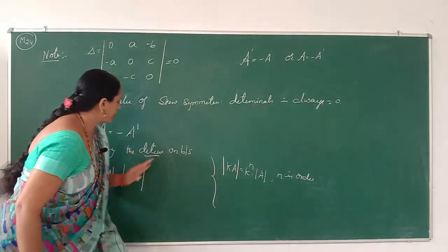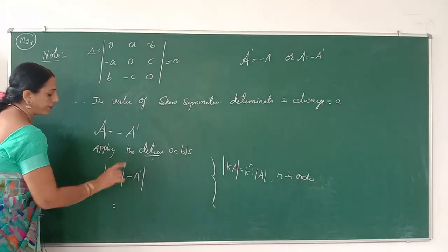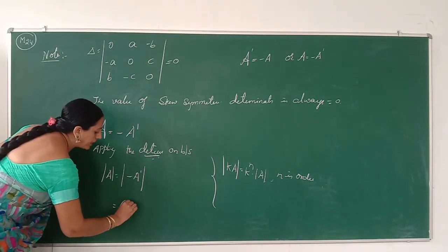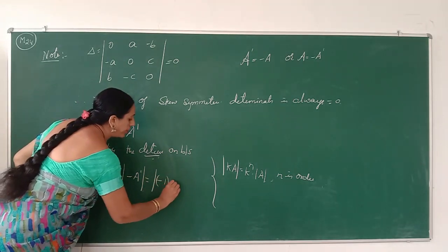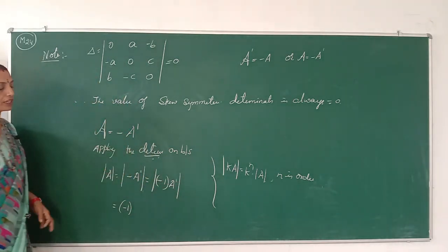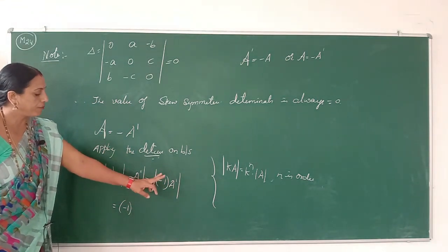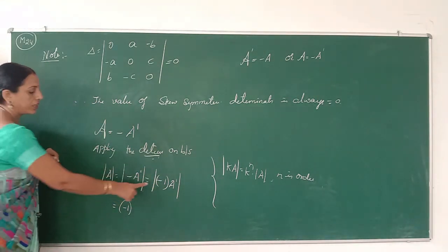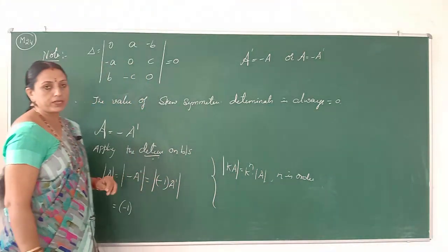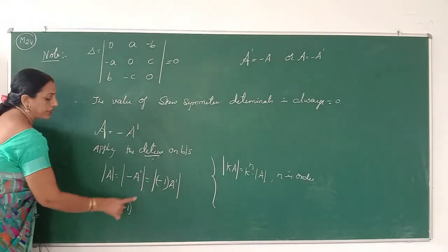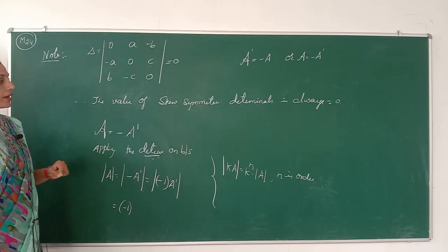By using that property, determinant of minus A dash can also be written as determinant of minus 1 into A dash. Therefore, minus 1 is in the form of K, so it can be written as K to the power of n, where n is the order of the matrix.